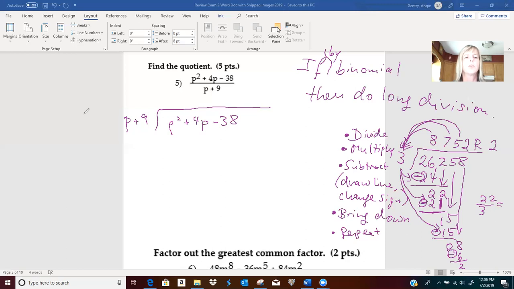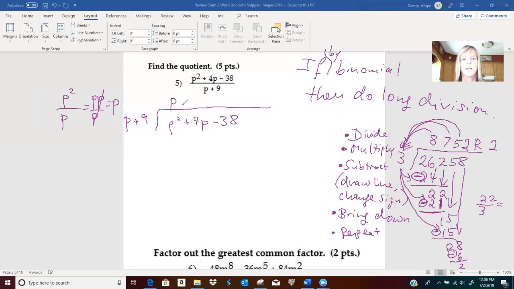In class people say, well, that's 2, or they don't know what to do. So if you ask this, you could write it like this: p goes into p squared, because you're asking how many times does it fit? And isn't that then just p times? So p goes into p squared, p times.